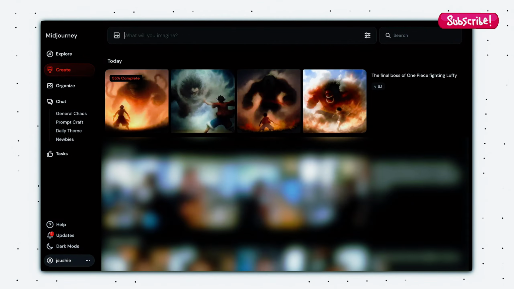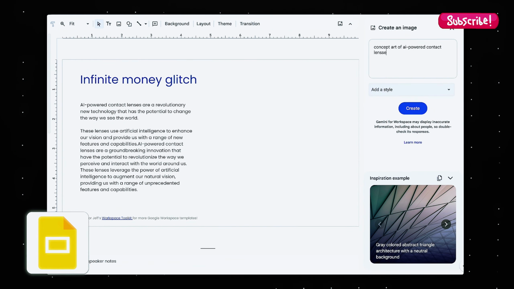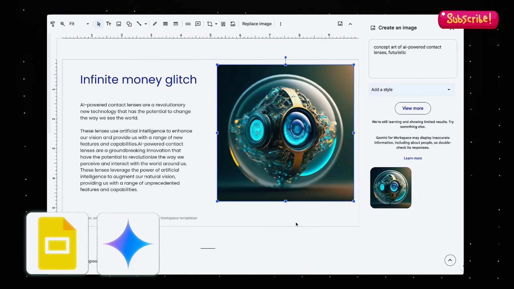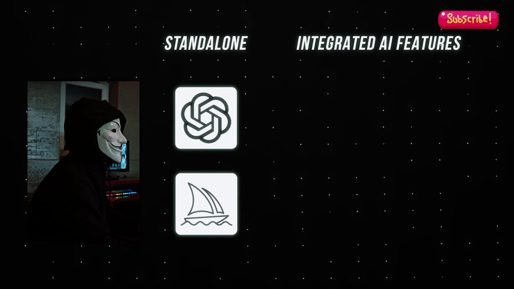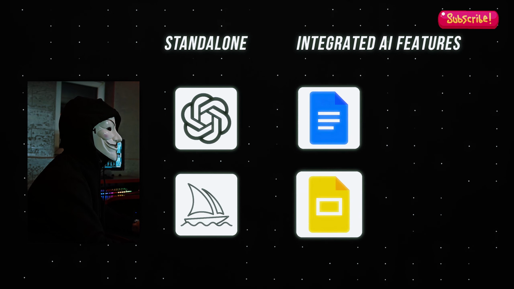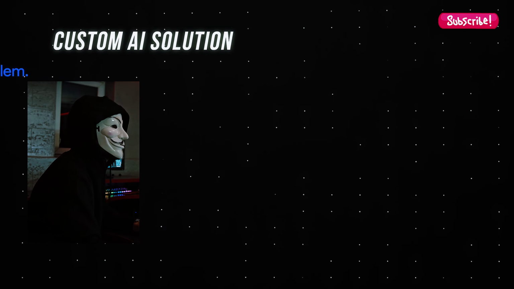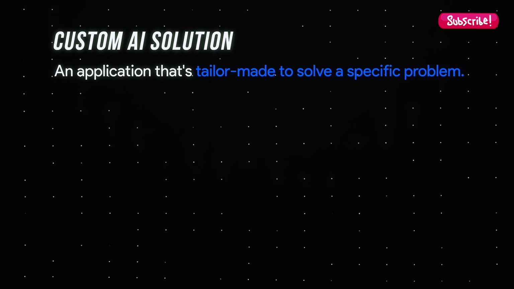Another example would be, I can either use Midjourney as a standalone tool to generate images for a presentation, or I can create an image directly within Google Slides by using, again, Gemini for Workspace. In these instances, ChatGPT and Midjourney are standalone AI tools, and Google Docs and Google Slides are tools with integrated AI features.